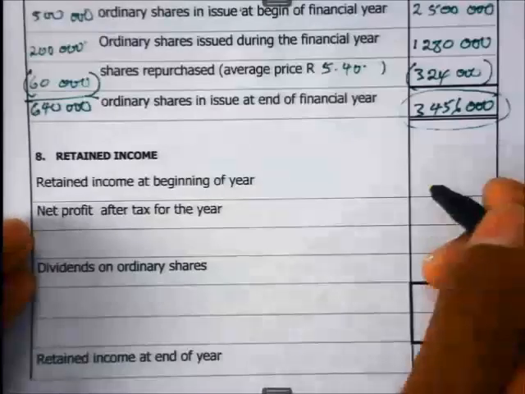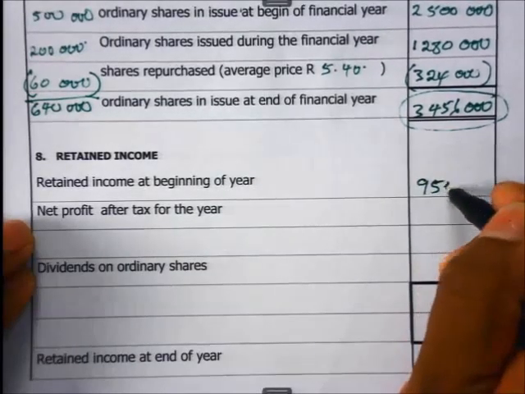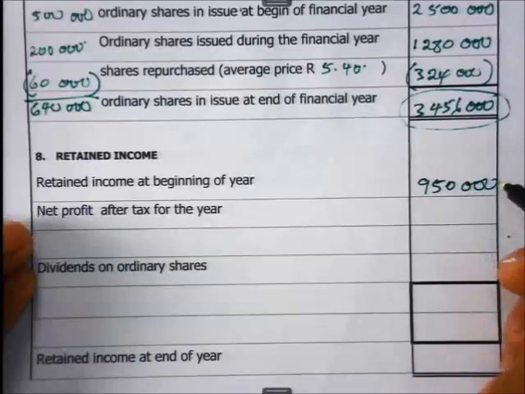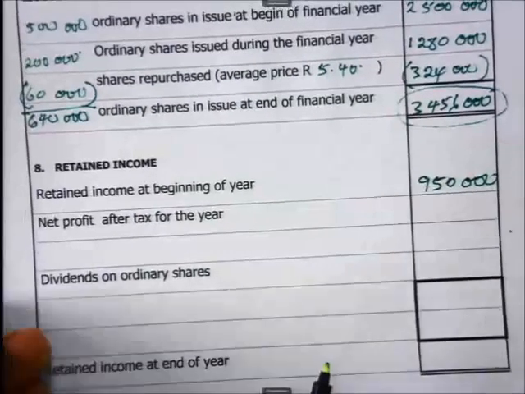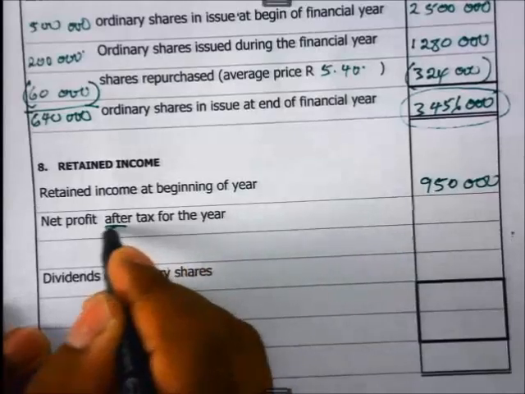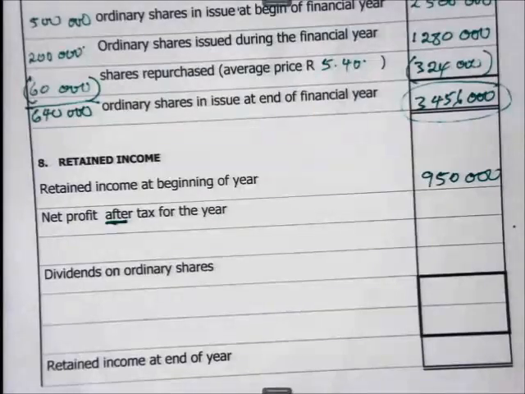You simply say retained income at the end of the year is 950,000 plus net profit after tax. It is important that you use the amount after tax. The mistake that most of you make is that instead of using the amount after tax, you use the net profit before tax.